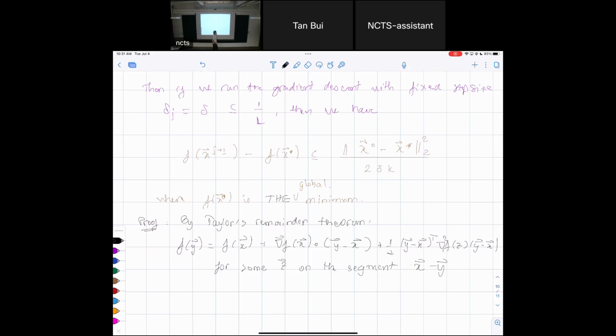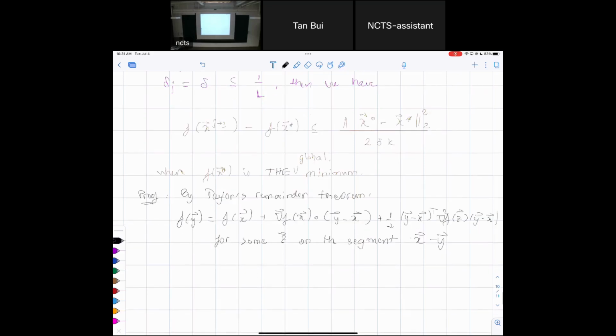We can stop the Taylor expansion here, but we have to evaluate at a point z. There exists a point in between x and y on the segment such that this holds. So that is the Taylor remainder theorem. We don't use anything particularly difficult here.